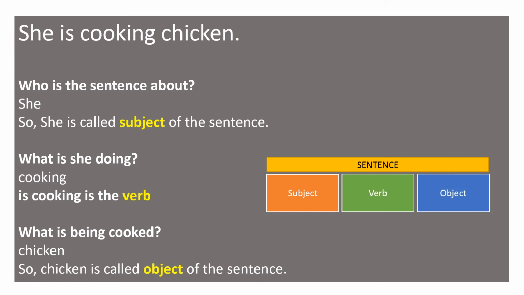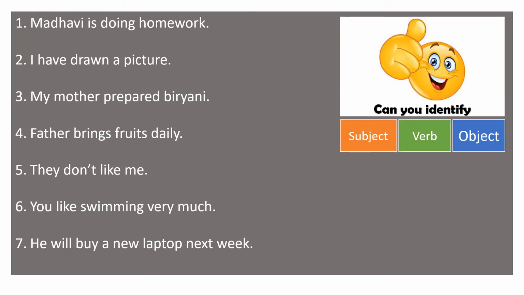Now it's time for you to identify subject, verb, and objects in sentences. Now let us see. What is the first one? Madhavi is doing homework. You have to identify the subject first. Who is the sentence about?